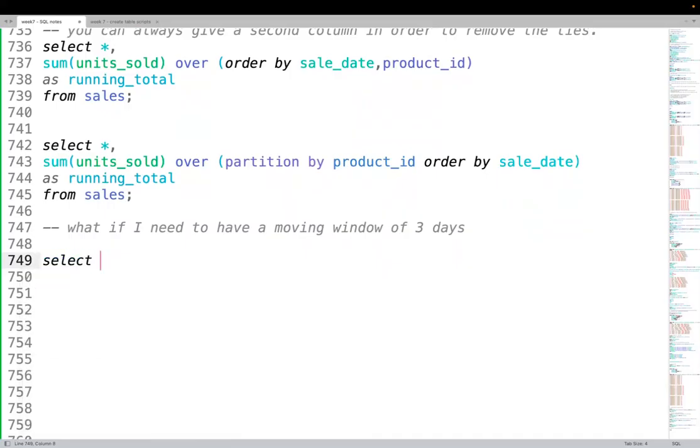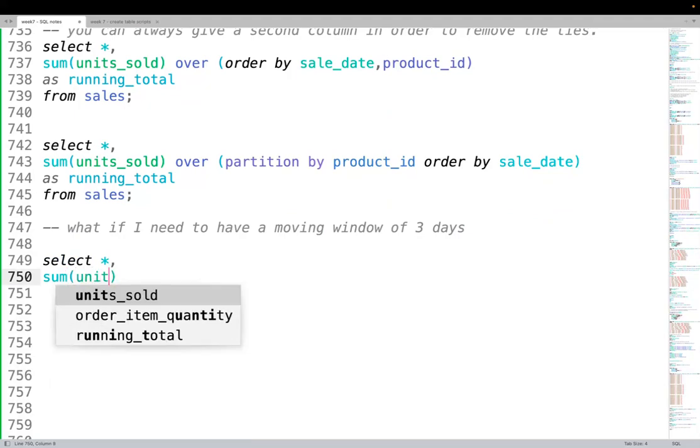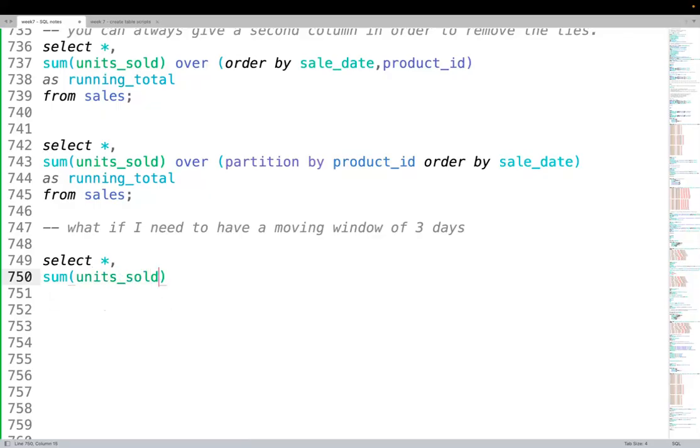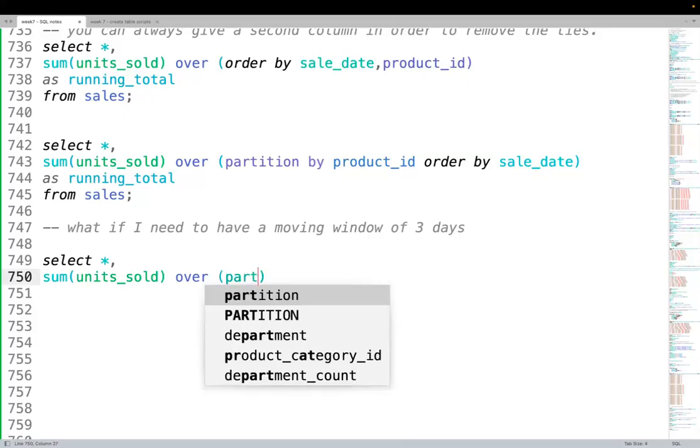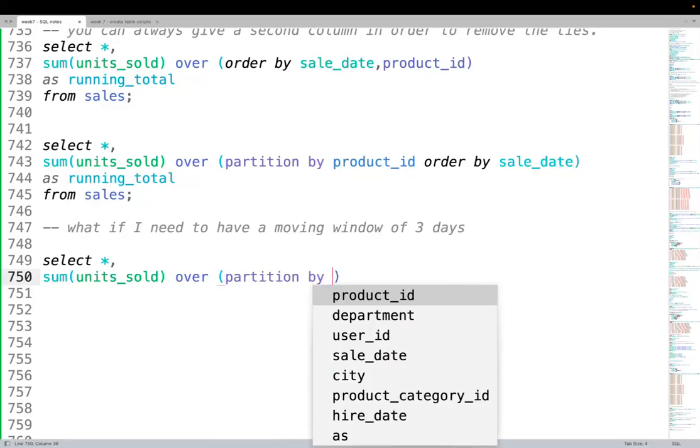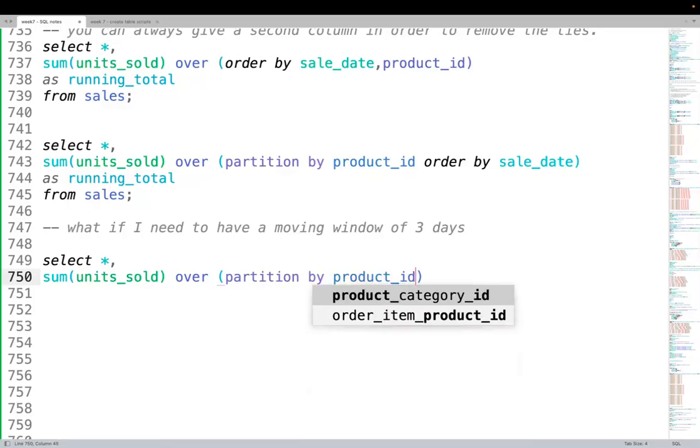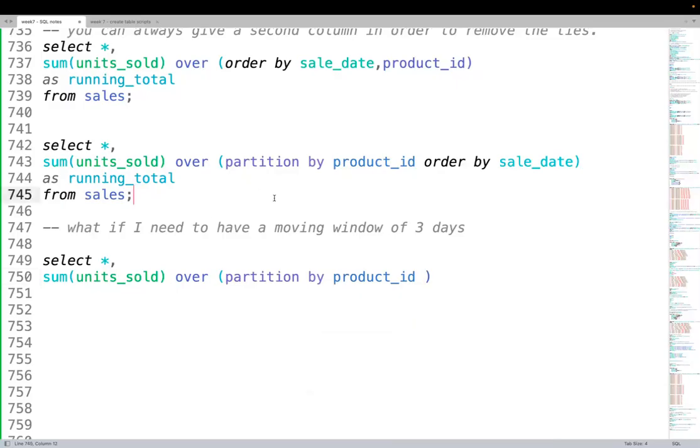I can say select star comma sum of units sold, over clause, partition by product ID. That means for each product, tell me how many laptops were sold in last 3 days, how many mobiles were sold in last 3 days, like that.